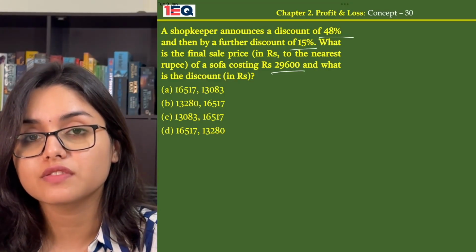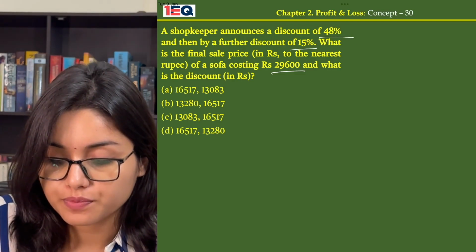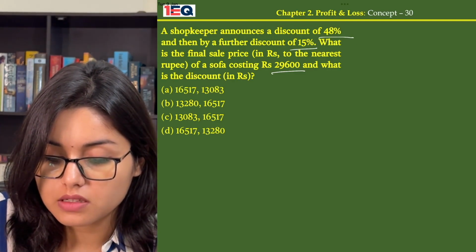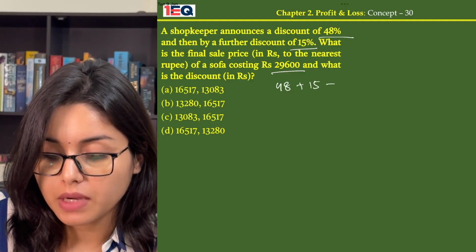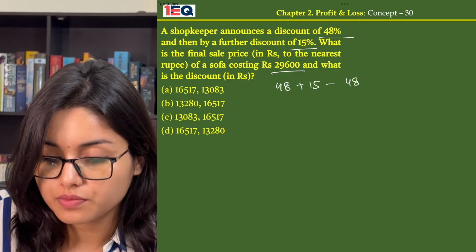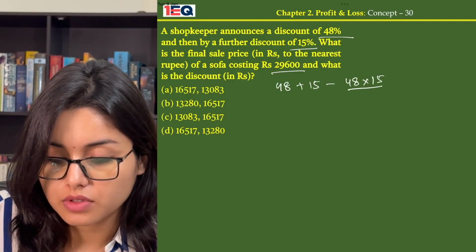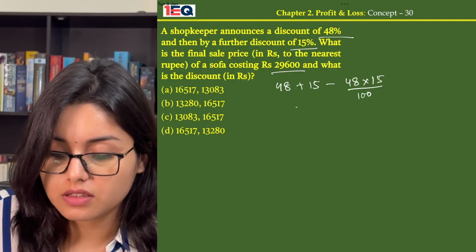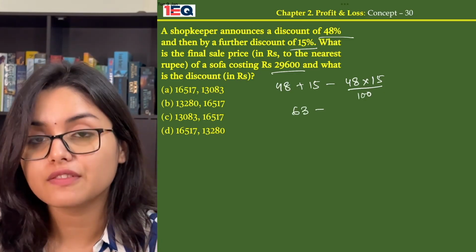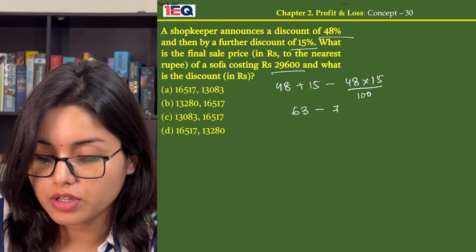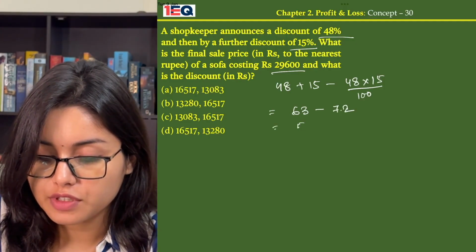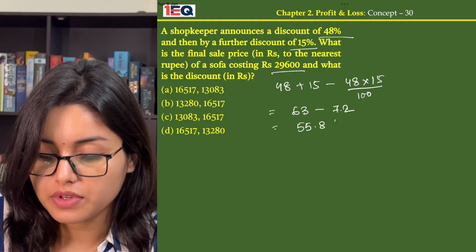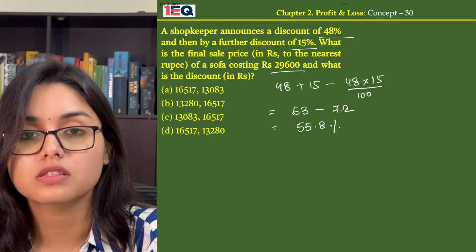So using the effective discount formula, we find D1 plus D2, that is 48 plus 15 minus D1 into D2 by 100, which gives us 63 minus 720 by 100, that is 7.2, which gives us 55.8% as the total discount percentage.